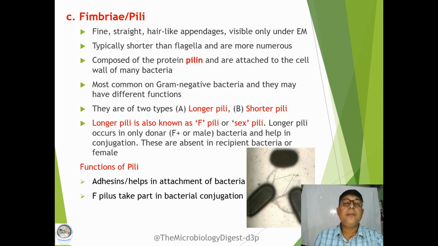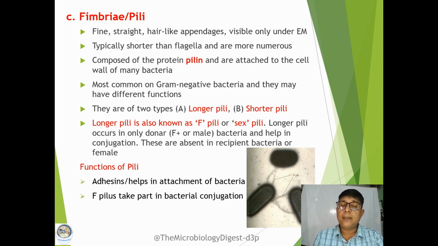Next is the Fimbriae, or it is also otherwise called Pili. These are fine, straight, and hair-like appendages, and these structures are visible only under an electron microscope. Typically they are shorter than the flagella and more numerous.